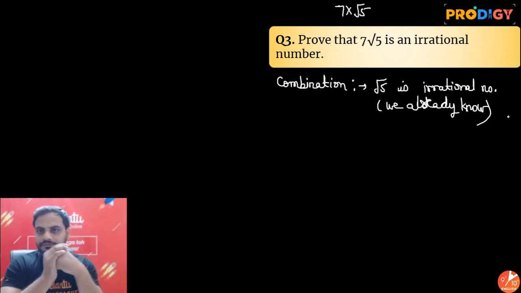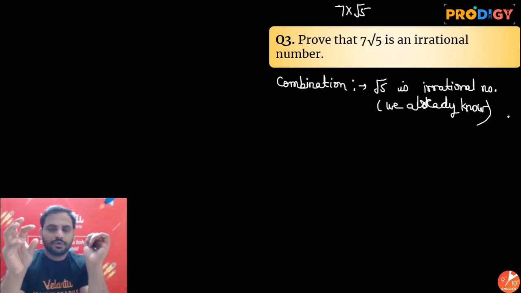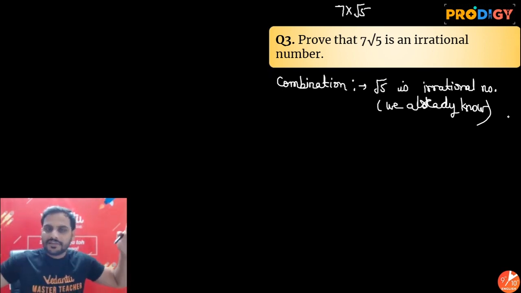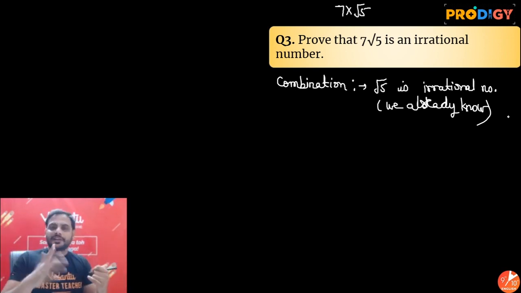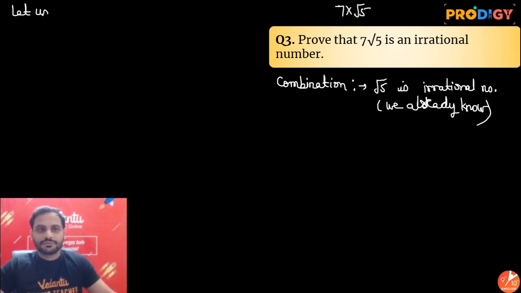So whenever a combination is given, you already know root 5 or root 2 is irrational, but they are asking whether combining them is also irrational or not. Again here we use the method of contradiction only. So we will say, let us assume 7 root 5 is a rational number.